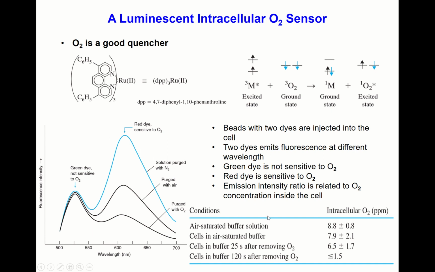All right. Here is the result from the textbook. The left column is conditions, and the right column is intracellular oxygen concentration in ppm. Air saturated buffer solution: the intracellular oxygen concentration is 8.8 ppm. Why? Because you blow air into the solution where the cells are.